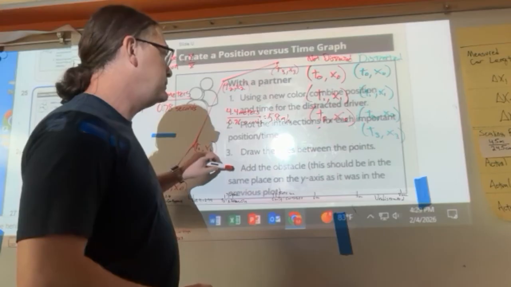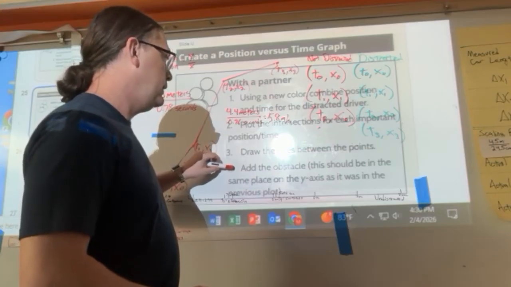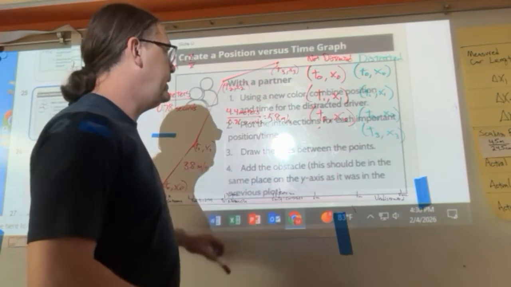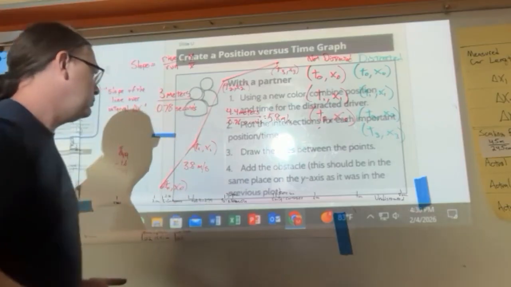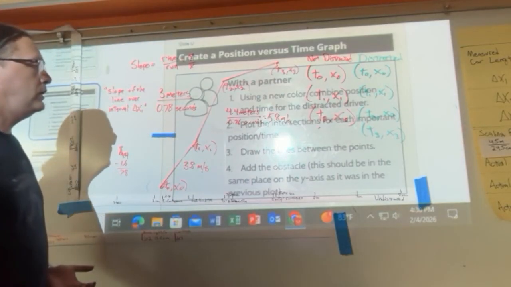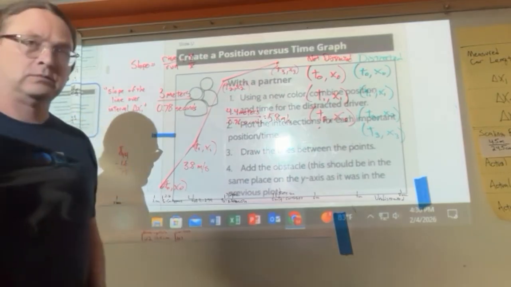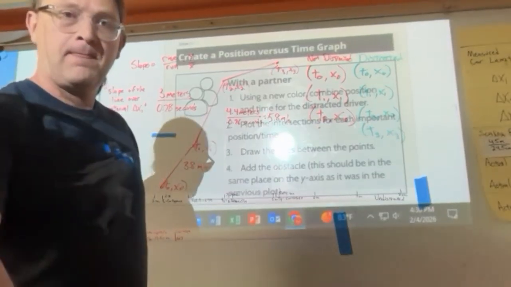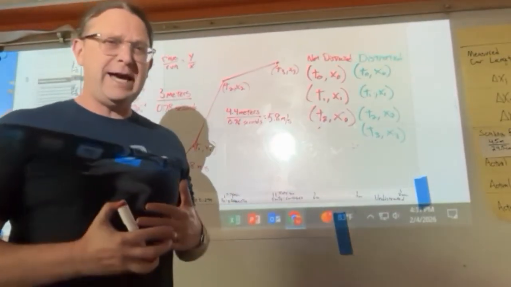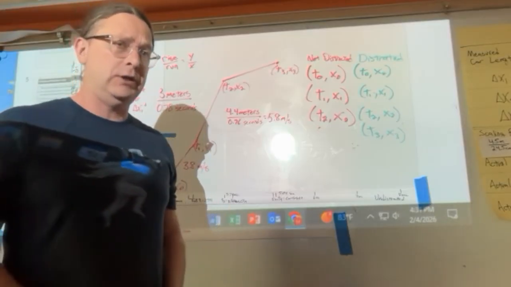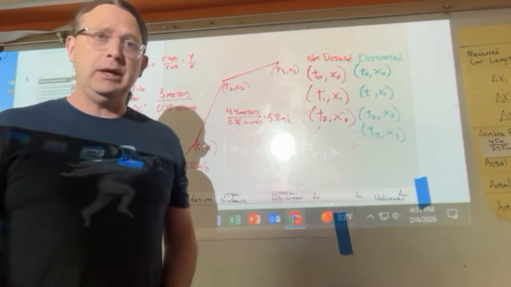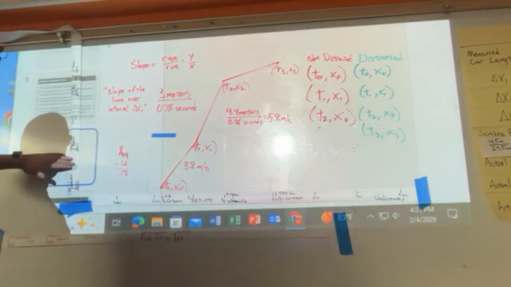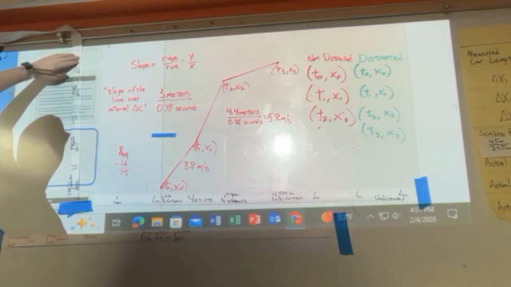And add the obstacle somewhere in the same place on the y-axis. Where do you think the obstacle should be in this graph? So let's discuss that before I get you into your challenge. What are your ideas? Where should the obstacle be on our y-axis? What position will it have?